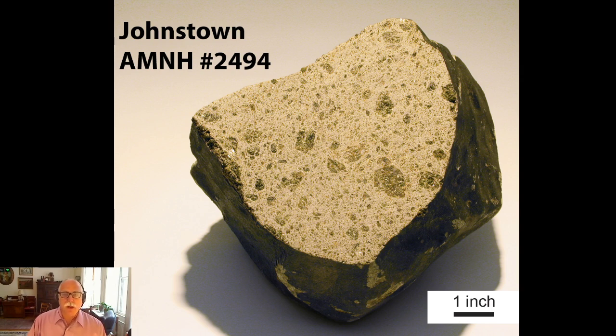That mission took a lot of images and looked at it very closely with cameras and infrared spectroscopy, and was able to really nail down that these rocks, and this is a meteorite called Johnstown, it fell in Colorado about 100 years ago. And this meteorite, we're pretty sure, came from the asteroid Vesta.